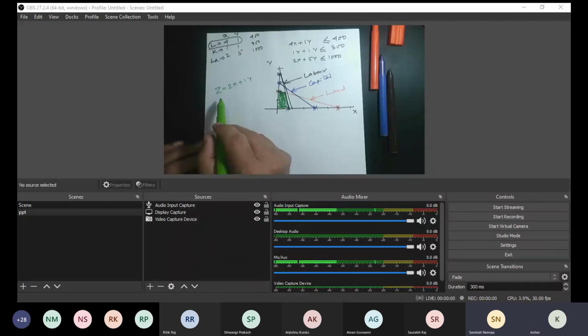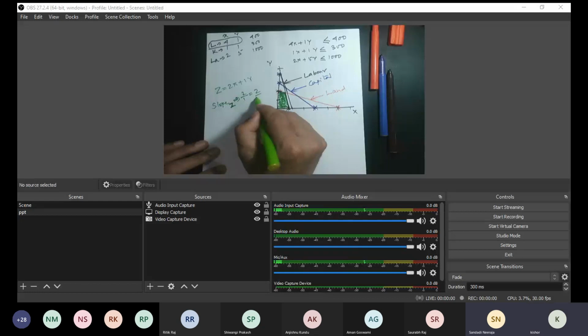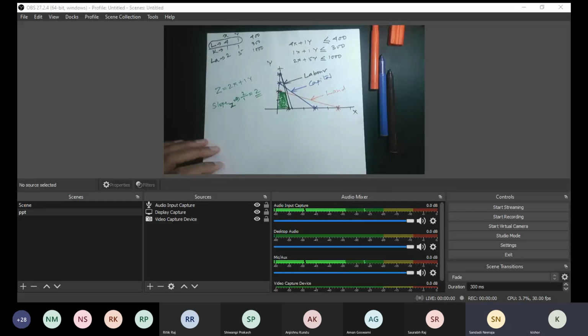In this case, the slope of the isoprofit line will be 2 by 1 equal to 2. So you know the slope of the line. This is the second step. You know the slope of the line, but you do not know the level of x and y.